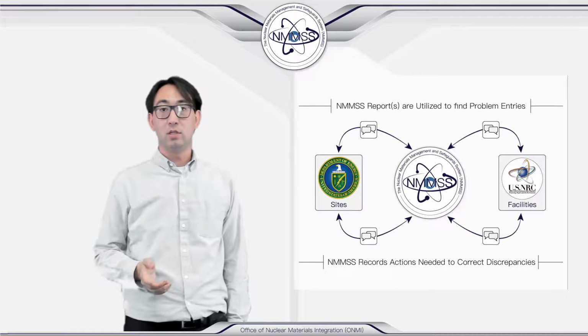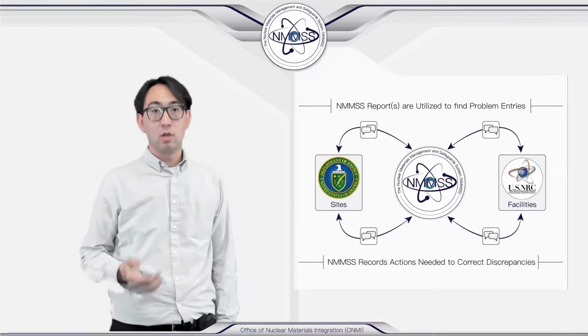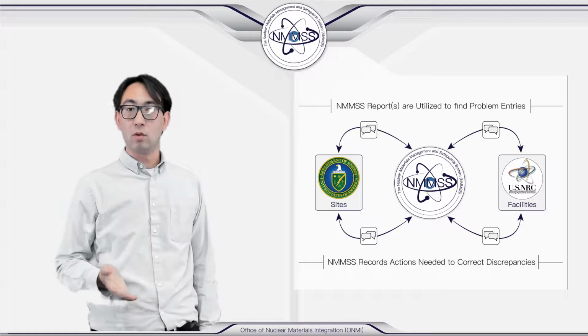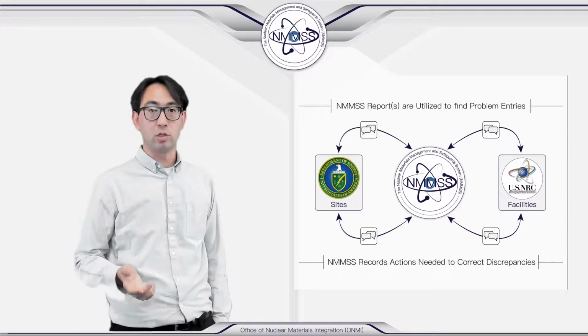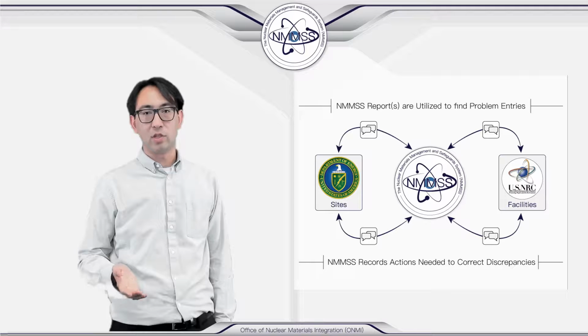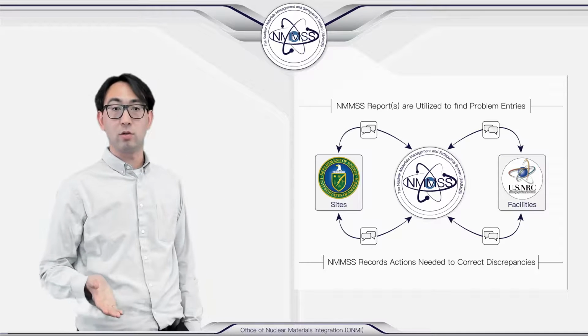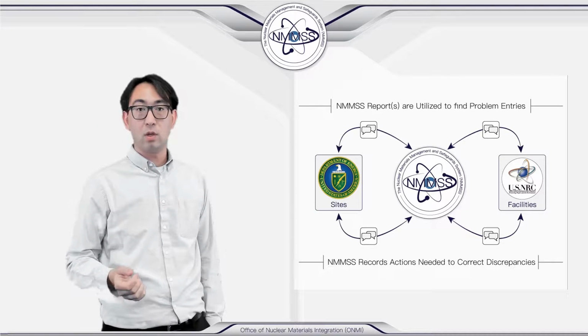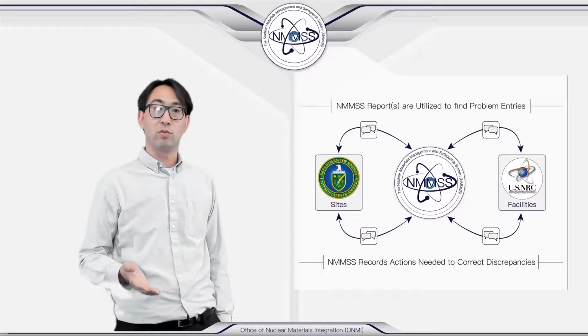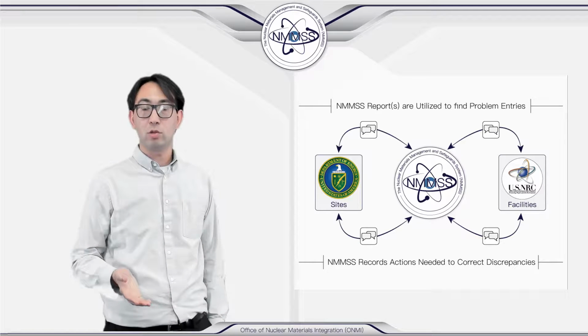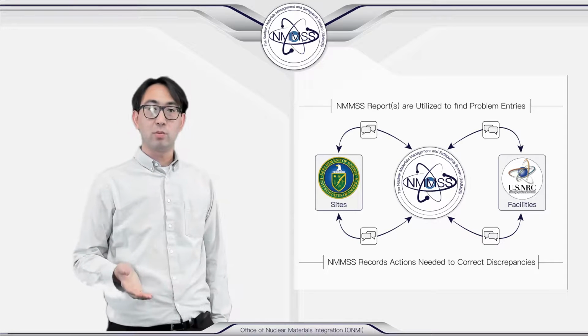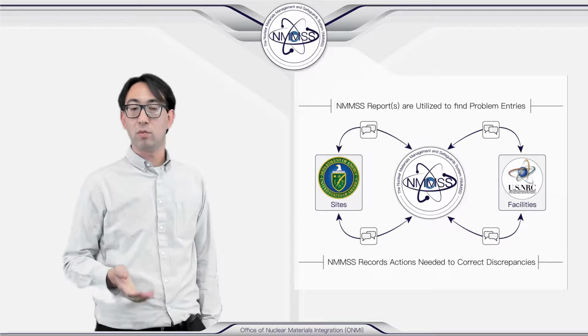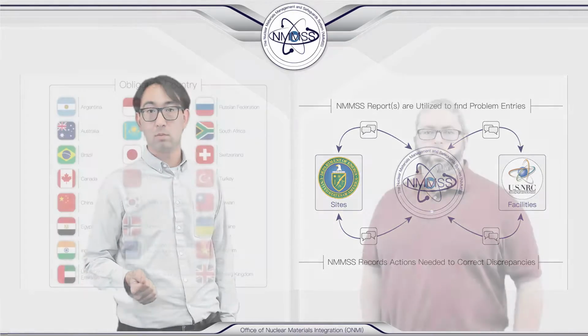Should there be any discrepancies during the reconciliation, NMMS communicates with the DOE site or NRC licensee to reach a resolution. Often, a facility may have to issue additional or correcting DOE NRC Form 741s. They may also have to correct a reported physical inventory listing or material balance report through resubmittal of the DOE NRC Form 742 and 742C.